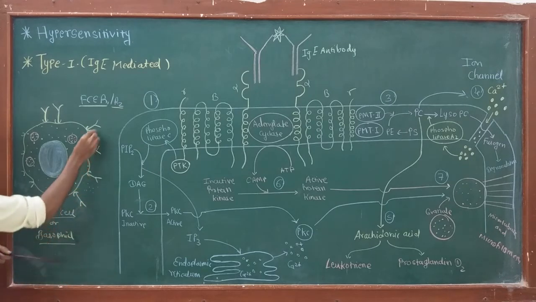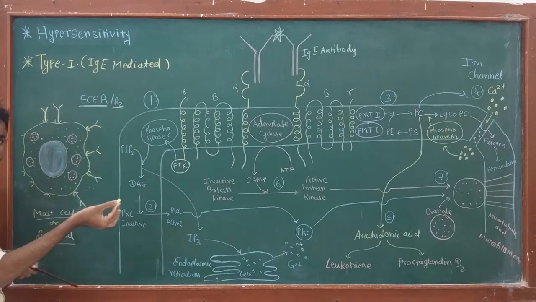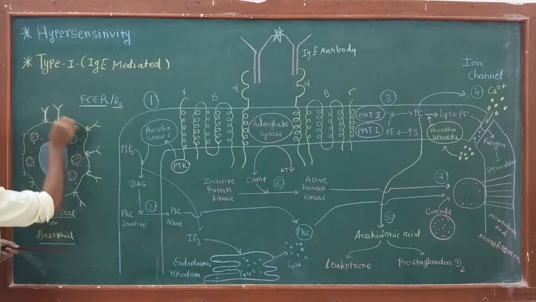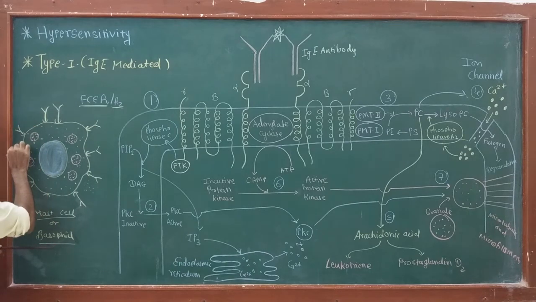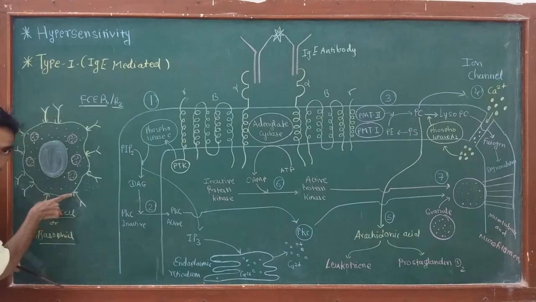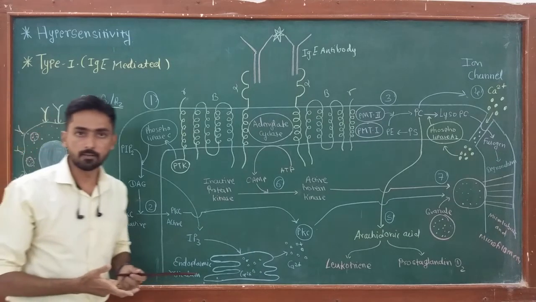Once the antibody is produced in excess by the plasma cell, it attaches on the mast cell with the help of this receptor.